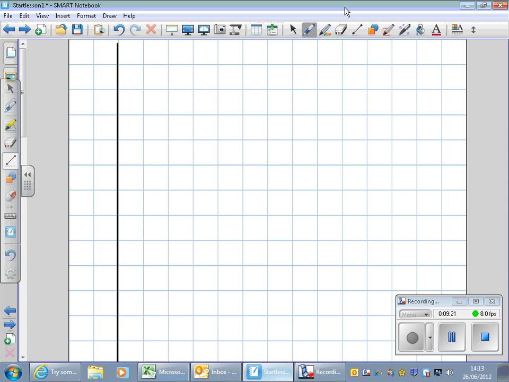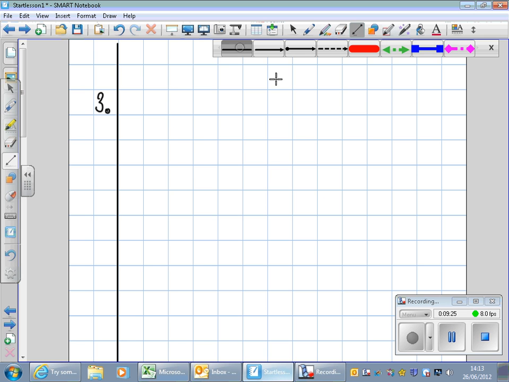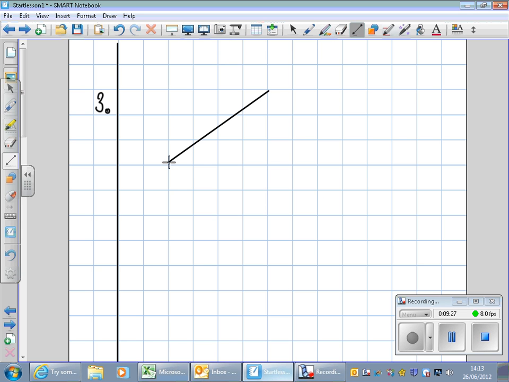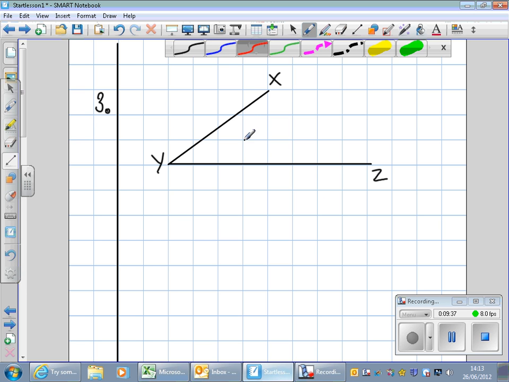We'll try one more estimation. Let's look at the angle XYZ. We're going to try and estimate this angle here.